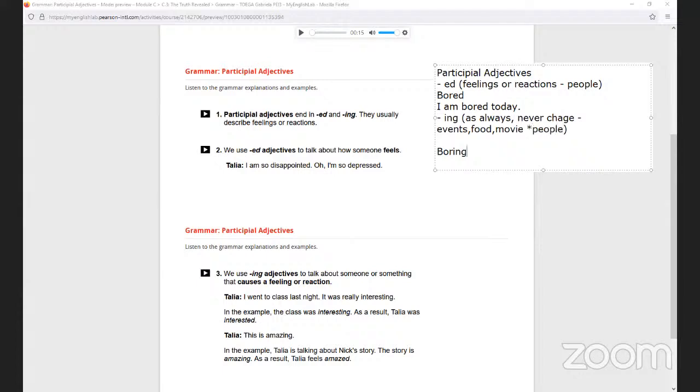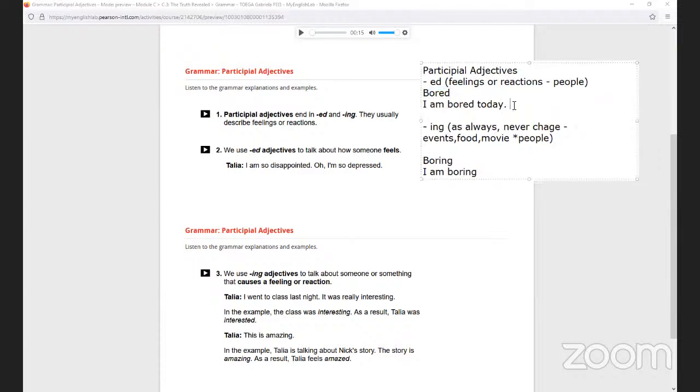For example, if I say, I am boring, this is really different, because bored is just for a moment. I am bored today. Tomorrow I will be happy or I will be relaxed. But in boring, it means that I am always in the same way.